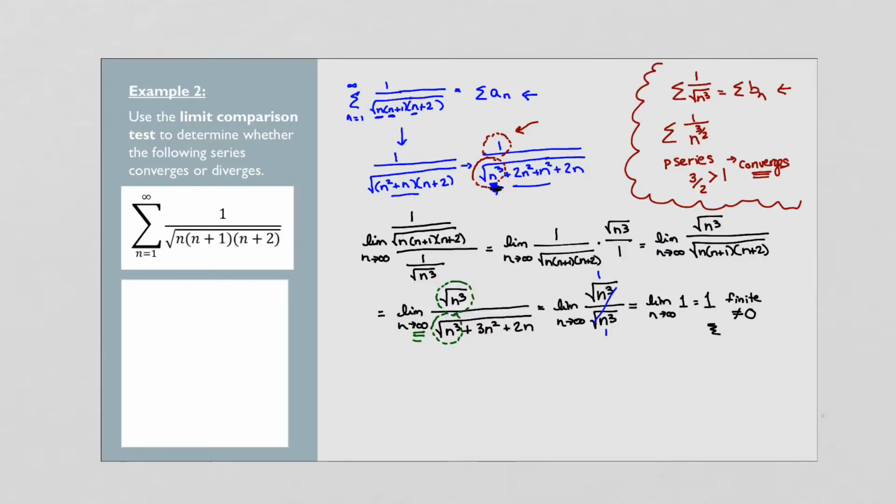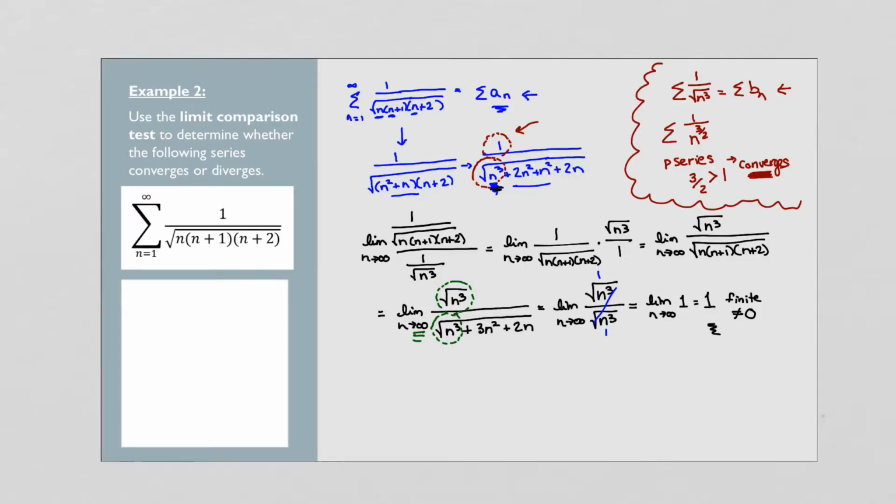And so the limit comparison test tells us that whatever b sub n does, namely converge, a sub n must also do. That means a sub n also converges.